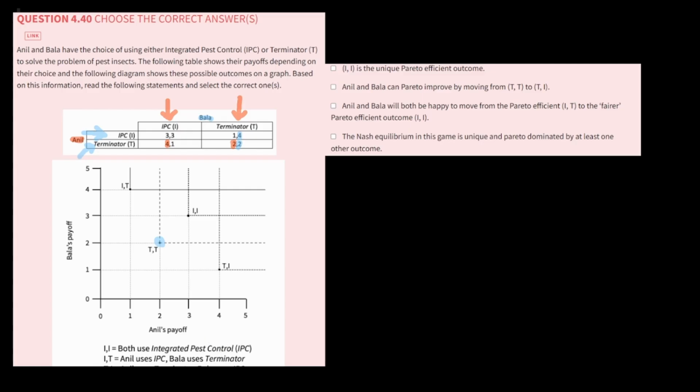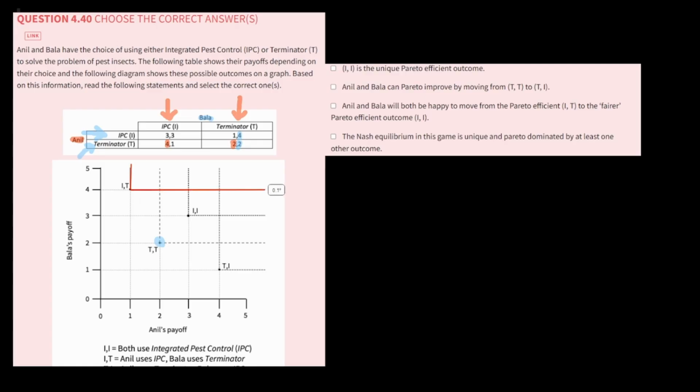Okay. While that is where we would end up in the game as it is, if we were entirely selfish, self-interested players, let's work through which of these are Pareto efficient. Are any of them Pareto inefficient? And do any of them Pareto dominate any of the others? We've done this already, but let's start off with IT.